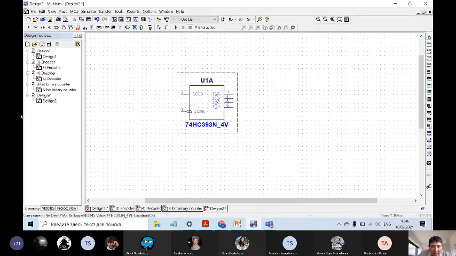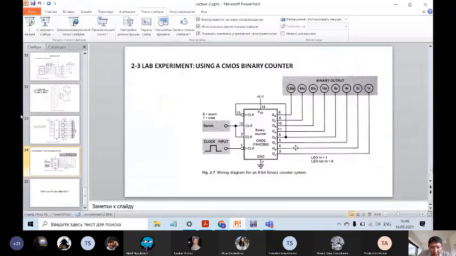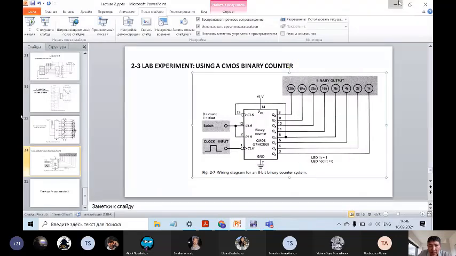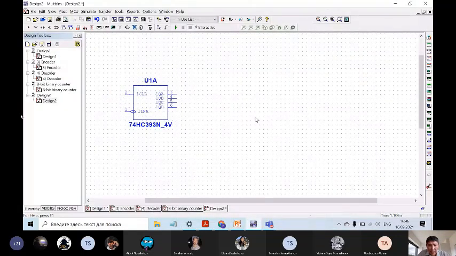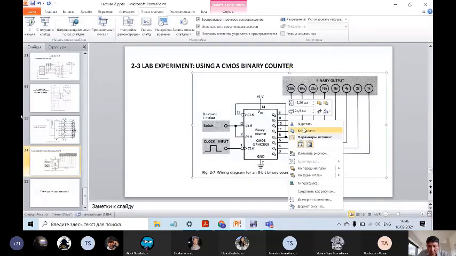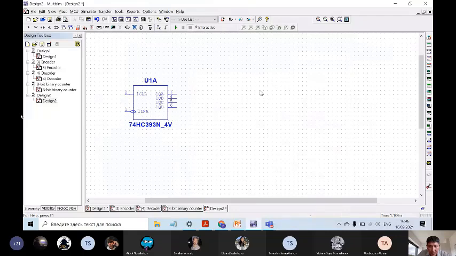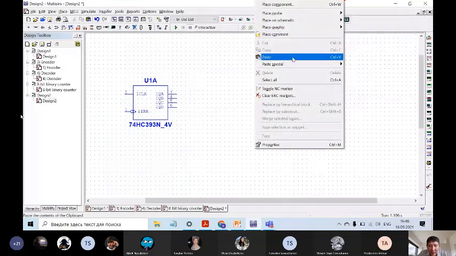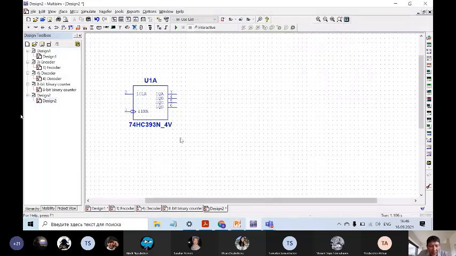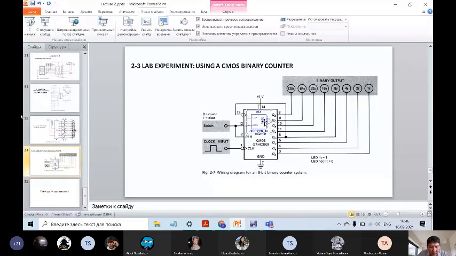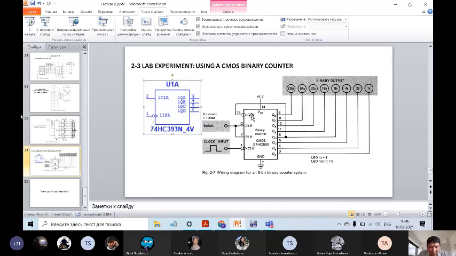Can you see the difference between this one and the one from the Multisim integrated circuit and on the scheme? Yes. So what do we need to do?